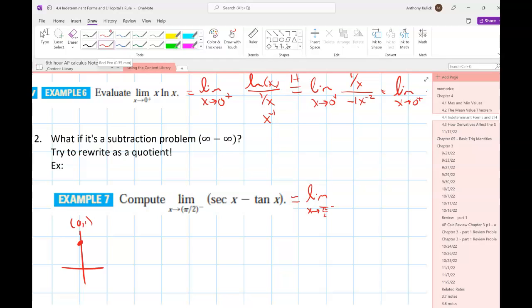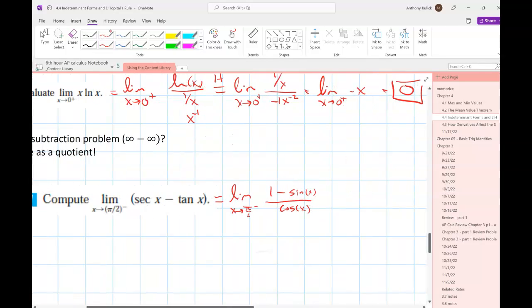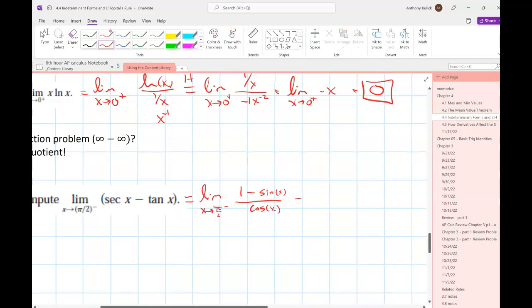Secant is 1 over cosine. Tangent is sine over cosine. Those have a common denominator. Oh, that was pretty easy. Now it's in the form where we can L'Hopital it. Yay!